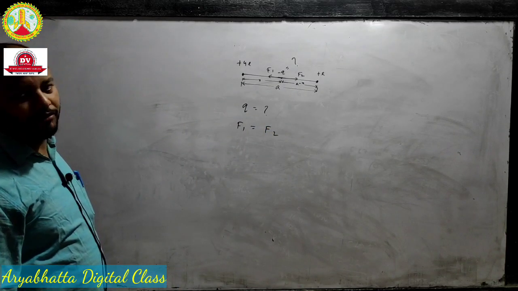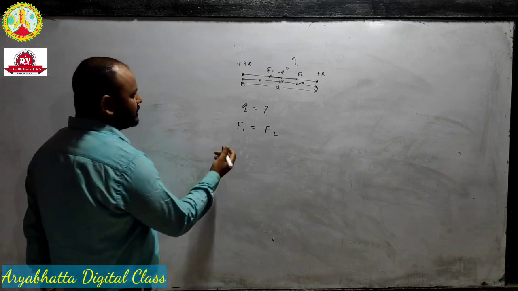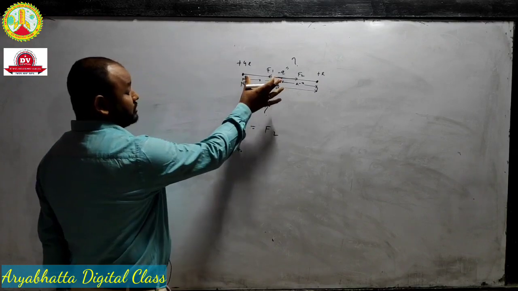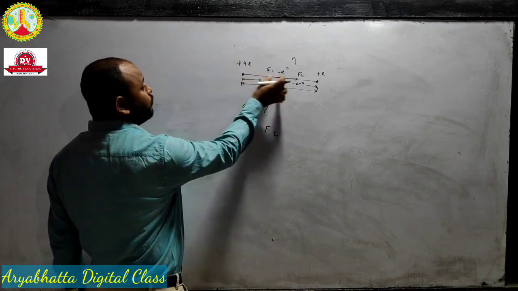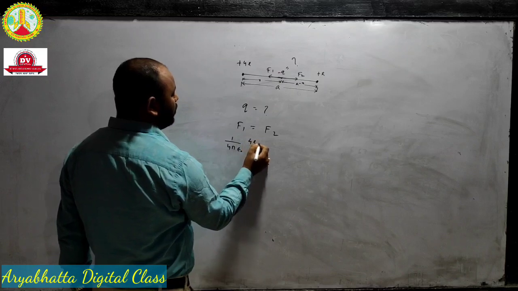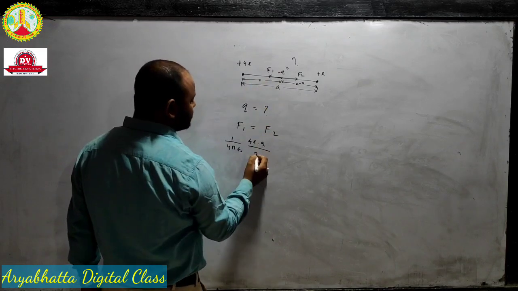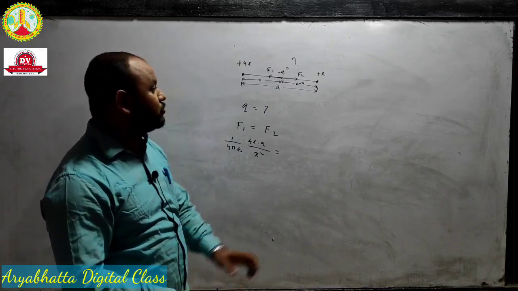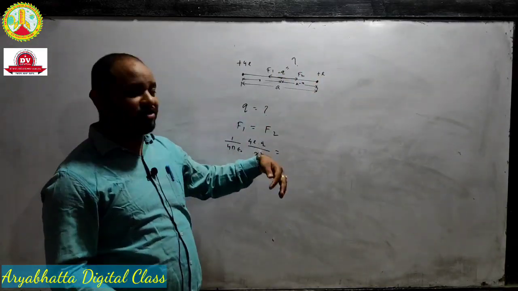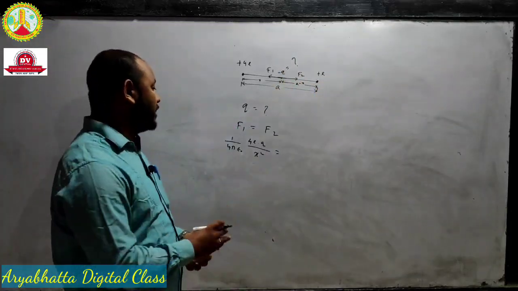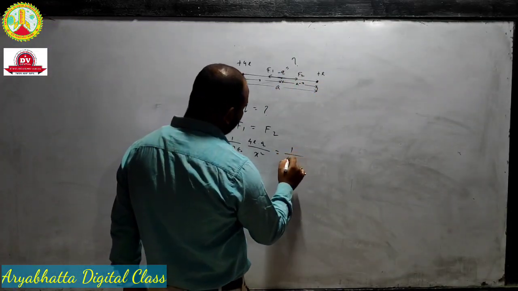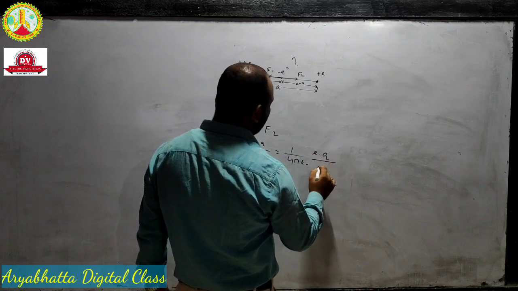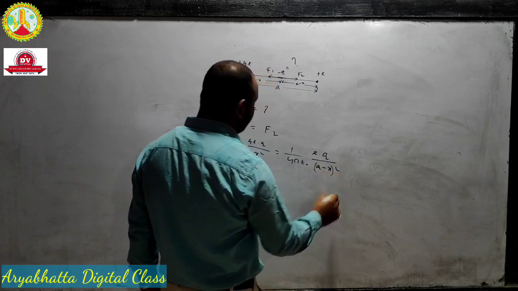What is the value of F1? The value of F1 is 1 by 4 pi epsilon naught, the force of attraction between plus 4e and minus q, that is 4e q divided by the distance x square. And what is the force F2? The force of attraction between plus e and minus q is 1 by 4 pi epsilon naught e q divided by (a minus x) whole square.